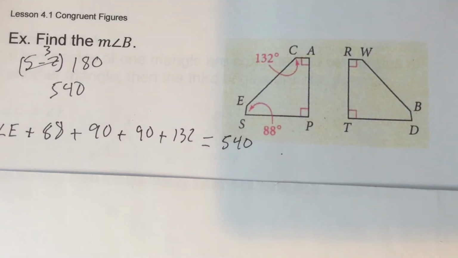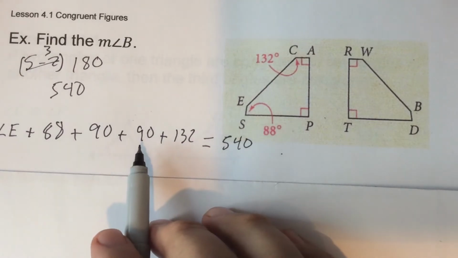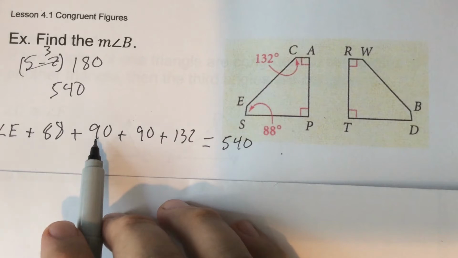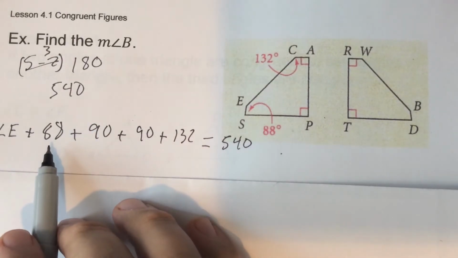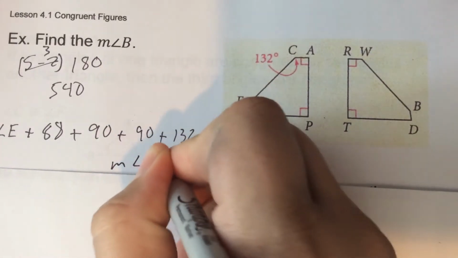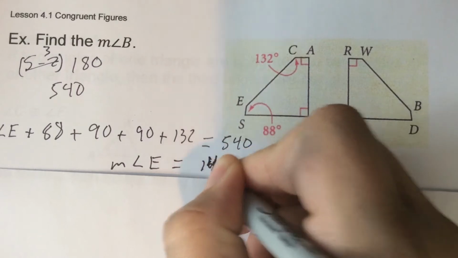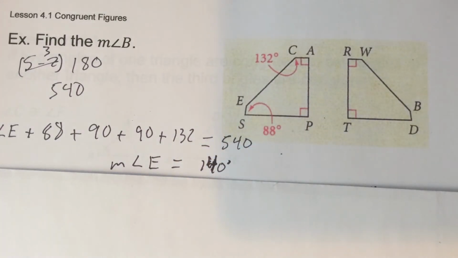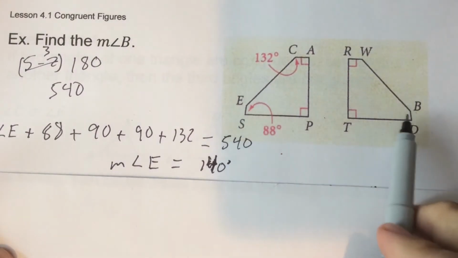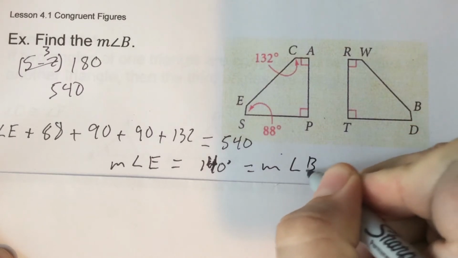So if I take 540 and I subtract out 132 and then subtract out 90, subtract out another 90, and then subtract out 88, I'm going to be left with the measure of angle E is 140 degrees. So if E is 140, B is what matches up with it, so that has to be the measure of angle B as well.